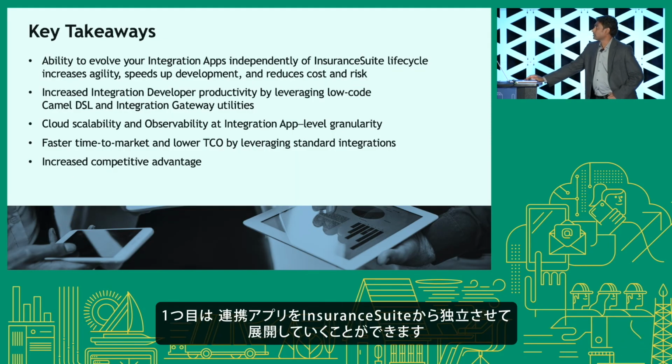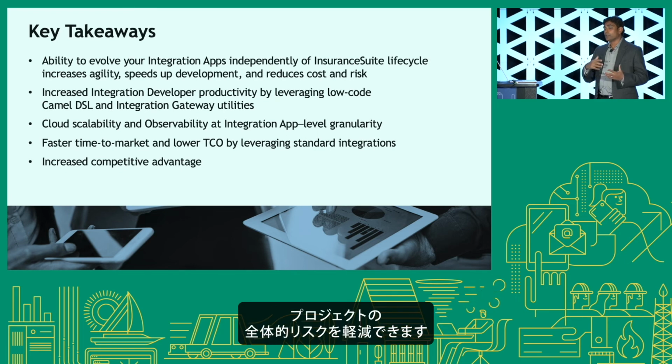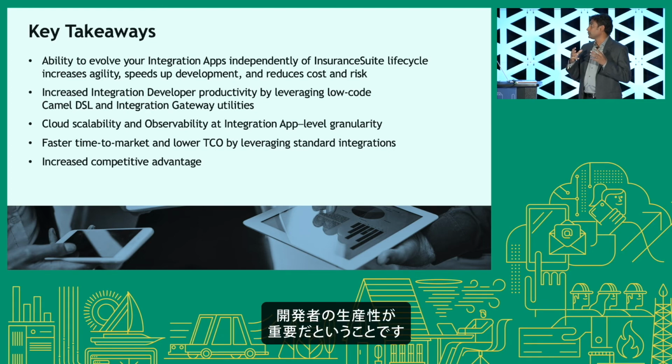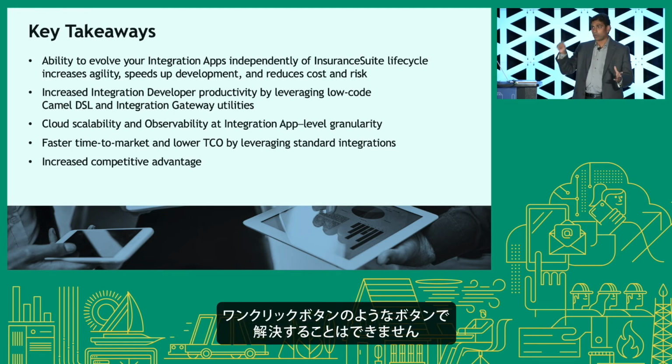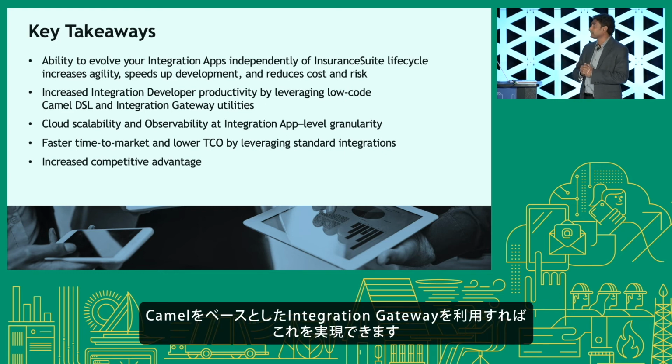The key takeaways: one, you can see the value you get because you can evolve your integration apps independently of InsuranceSuite. You can be more agile. You can iterate on it as much as you want. You can reduce the overall risk of your project. The second key takeaway is that it's all about developer productivity. You cannot solve it with one-click buttons. The idea is how easy you can make it and how you can improve developer productivity. That's what you would get by using integration gateway enabled by Camel.